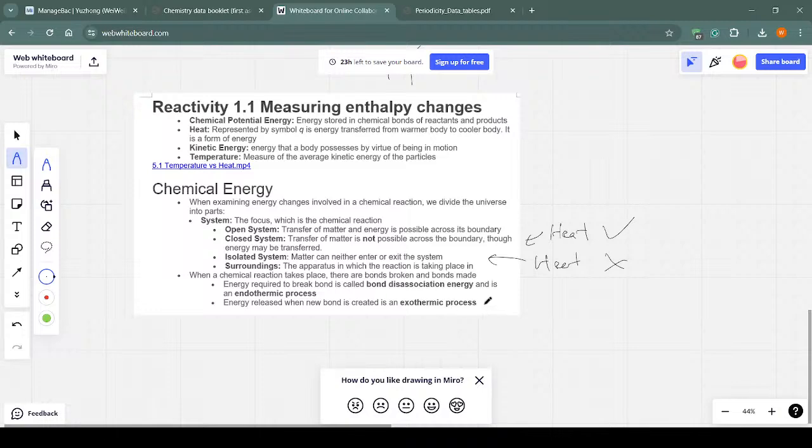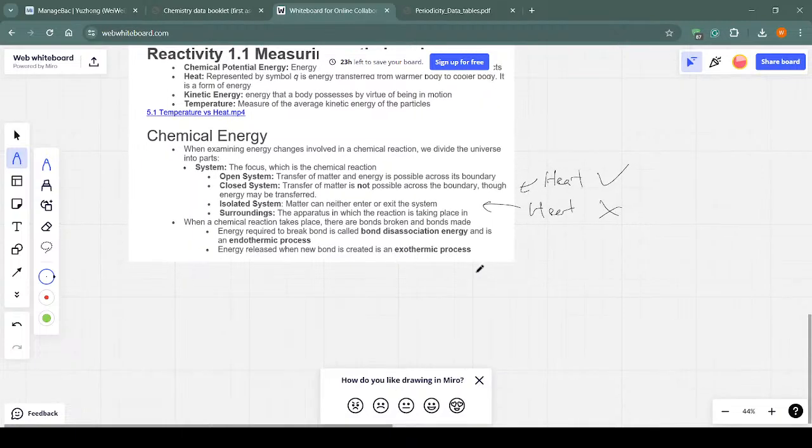Endothermic and exothermic. When you break a bond, that's endothermic. That requires energy, so delta H is positive.